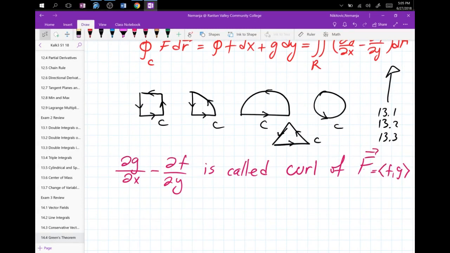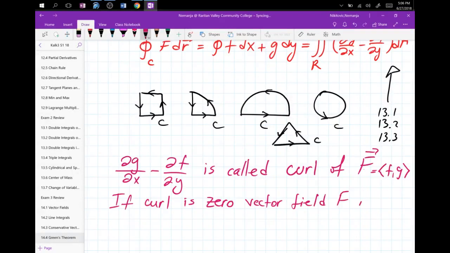Now the other part of this theorem is that if the curl is 0, the vector field f is called irrotational.